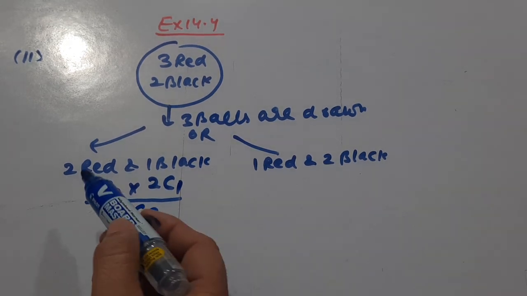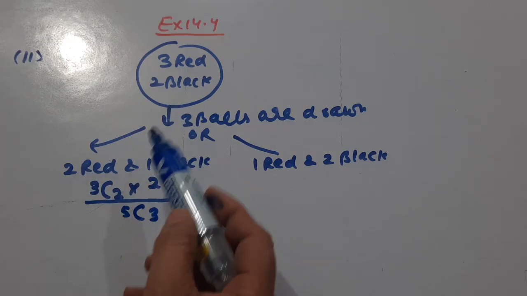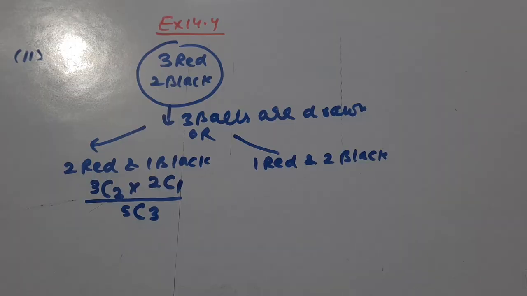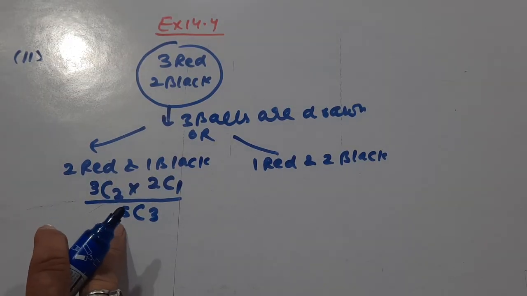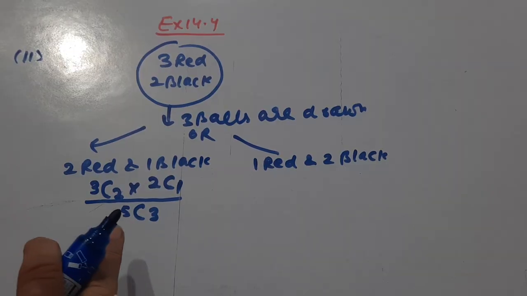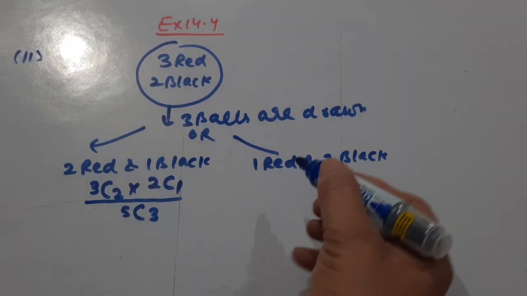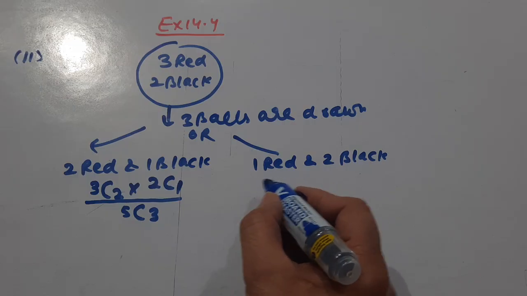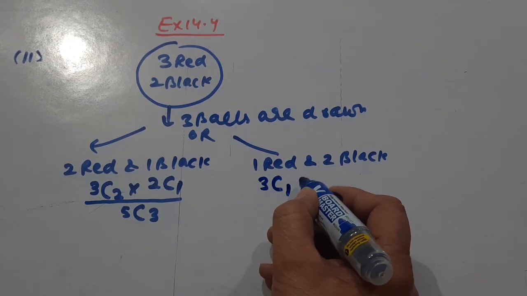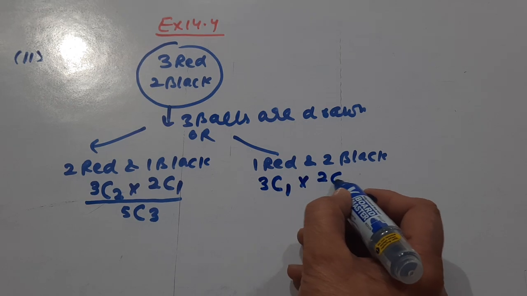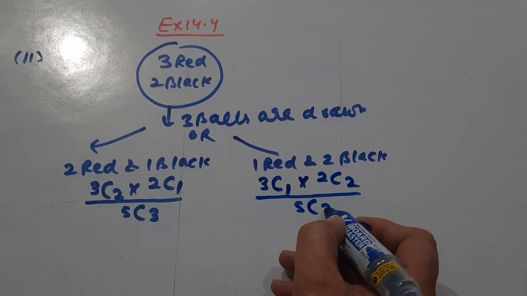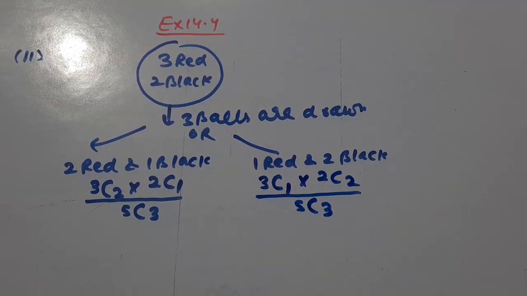So 2 red balls can be drawn out of 3 in 3C2 ways, and 1 black ball out of 2 can be drawn in 2C1 ways, and total number of cases will be, there are 5 balls and 3 balls are to be drawn. So this is 5C3. Similarly, we write over here 1 red ball out of 3, 3C1, 2 black balls out of 2, 2C2, and total number of cases will be 5C3.